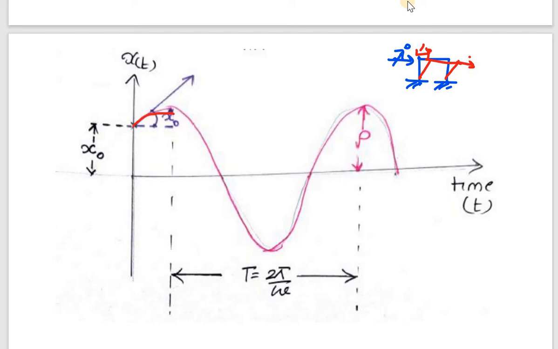Now we will be drawing this. Here this tangent represents the initial velocity. Then this is the amplitude, and the time period, from this point to this point for one cycle, is given by 2 pi by omega.